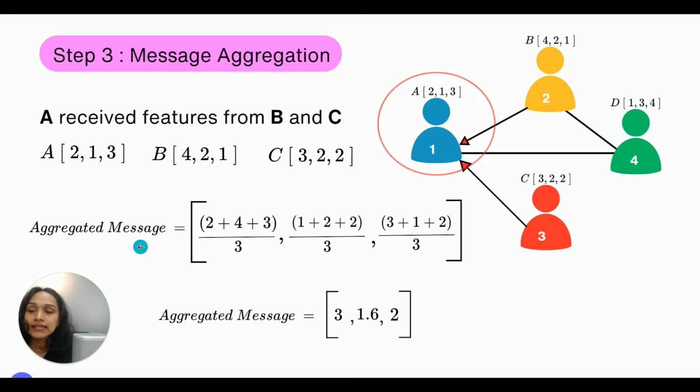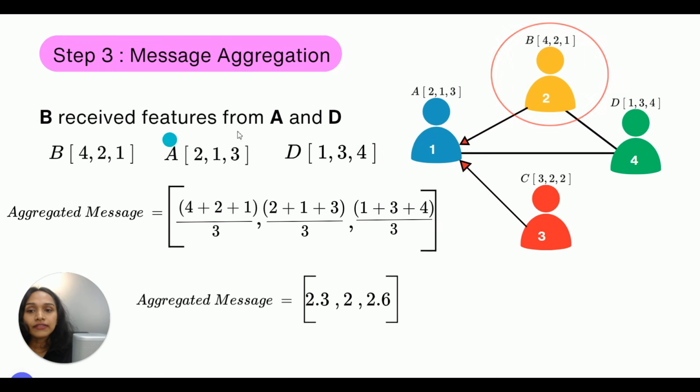Now A calculates its aggregated message by calculating the average of these 3 vectors. So the aggregated message is (2 plus 4 plus 3) by 3, (1 plus 2 plus 2) by 3, (3 plus 1 plus 2) by 3, which is 3, 1.6 and 2.